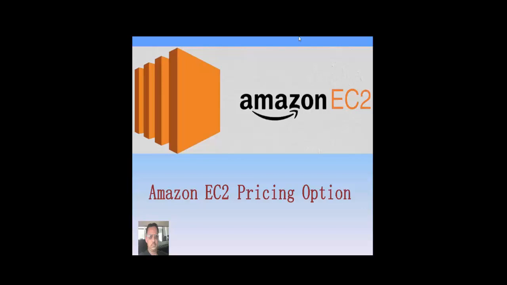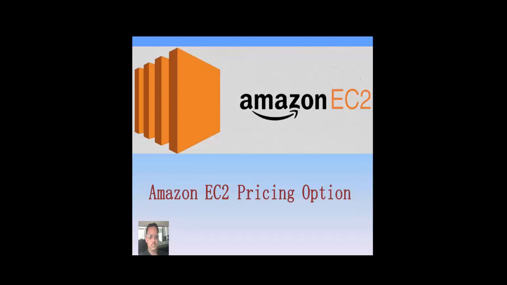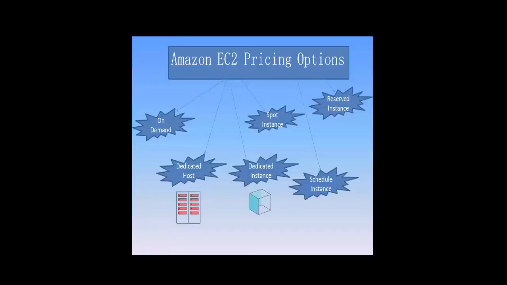So in this series of Amazon EC2, we are going to discuss Amazon EC2 pricing options, how we can purchase the best EC2. As we previously discussed the types, now we discuss purchasing options, or pricing options.